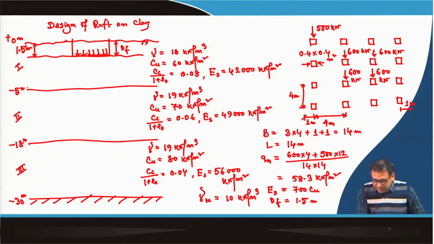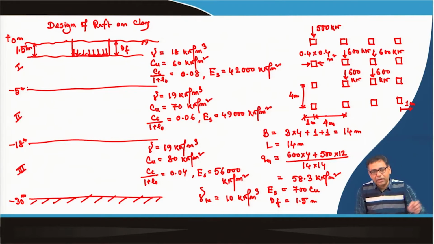Okay. So, these properties are given and we have placed the foundation at 1.5 meter below the ground surface, because up to 5 meter the soil properties are the same.